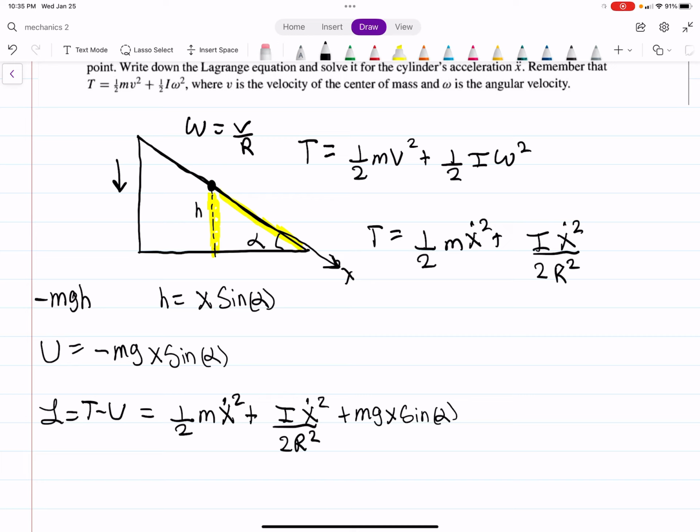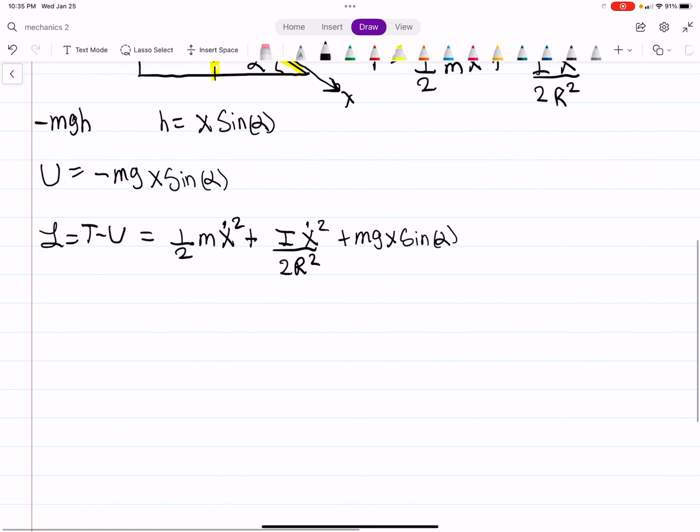Okay. This is good. So now what we want to do here is solve for x double dot specifically. And the way that we're going to go about doing that is using our Lagrange equations of motion.